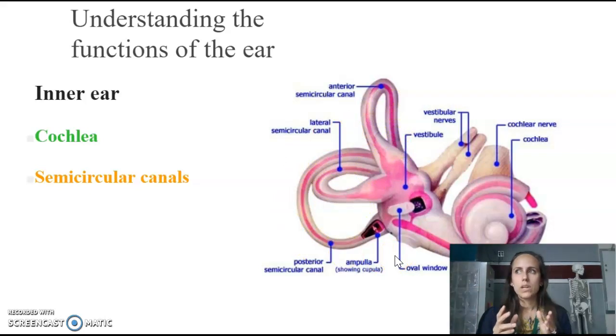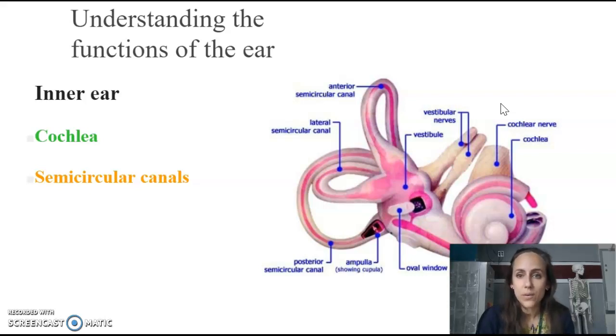And what those do is when we turn our heads in any direction, right, the fluid that is within these canals rushes in one direction or another based upon what way we've turned our head, and it creates sensory information by moving those tiny little hairs within those semicircular canals, and that sensory information gets passed by way of the vestibular nerve to the area of our brain that processes our coordination.